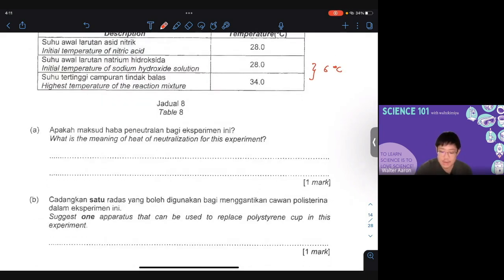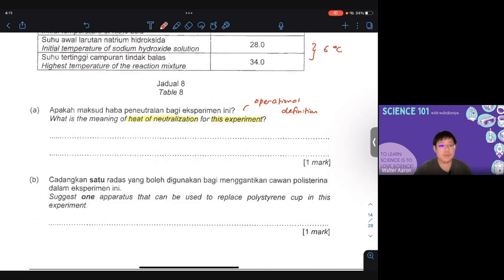Okay, now you see in this experiment, this is actually referring to an operational definition. Okay, operational definition. So the answer is very simple. You can just put here heat release.